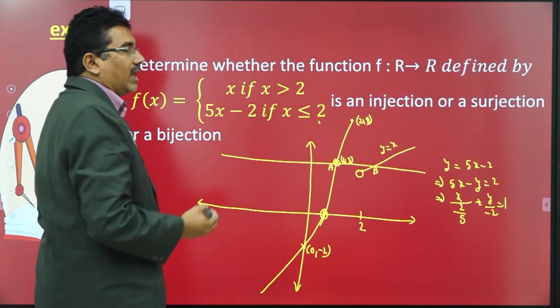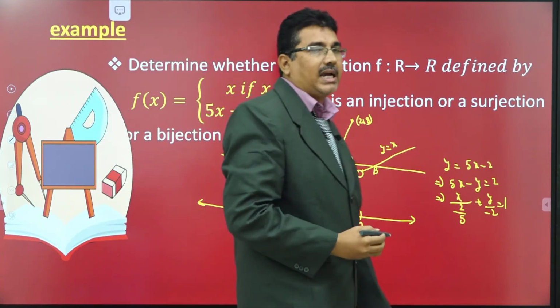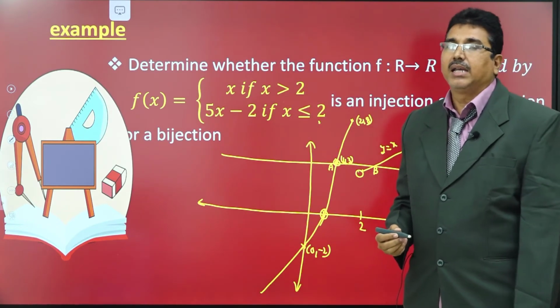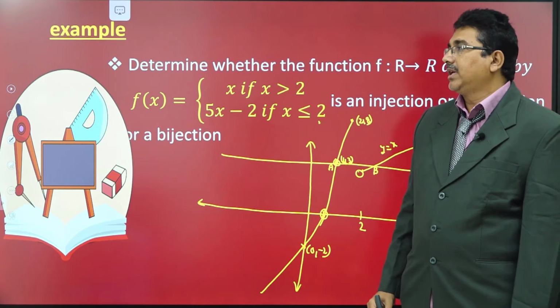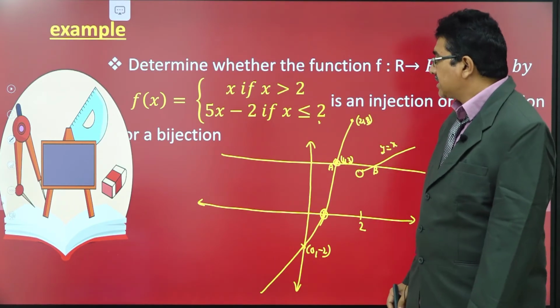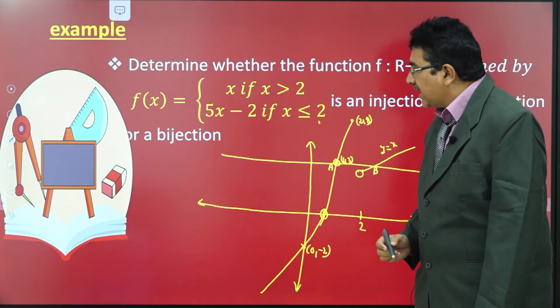So, if the graph intersects at 2 points, then that function is not 1-1.